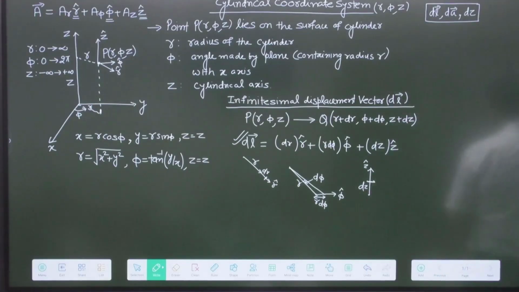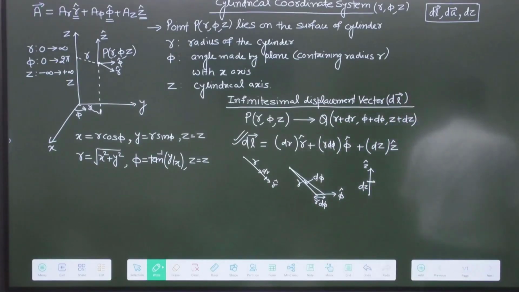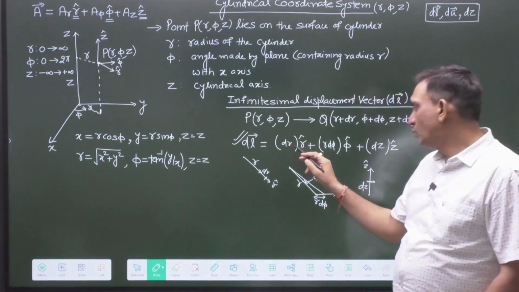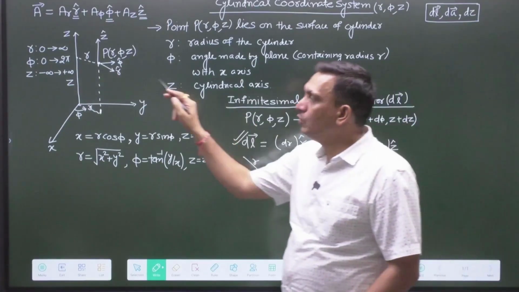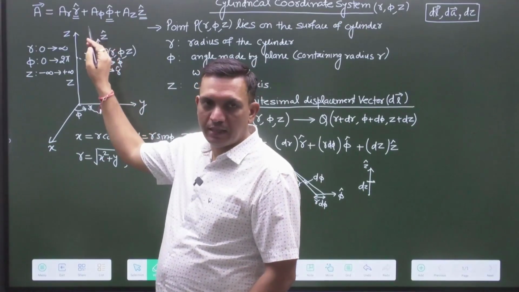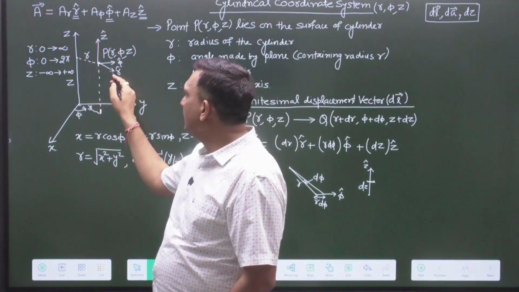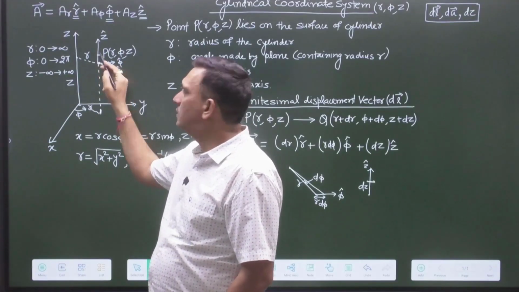In these three coordinate systems, you must remember the dl vector. If you know dl, you can write d tau as well as the area element on different surfaces. You can visualize this as an elemental cube whose axes are along r cap, phi cap and z cap, and whose lengths are dr along this, r d phi along this and dz along this.